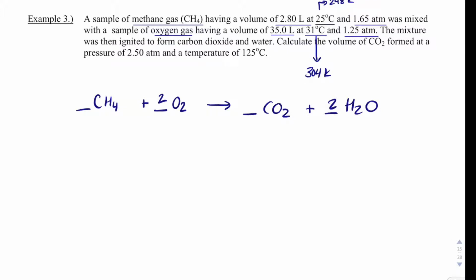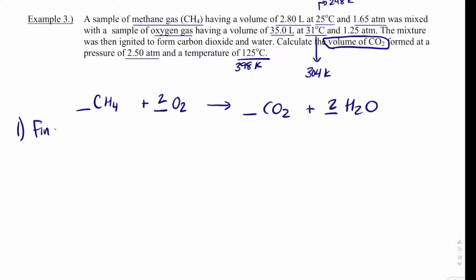And what we want to know is the volume of CO2 that's produced at not STP, but at 2.5 atmospheres and a temperature of 125 degrees Celsius, which is 398 Kelvin. So here's what I see: I'm given a value of CH4 and a value of O2, and then I need to convert one of those to CO2. Since I don't know which one to convert, this is a limiting reagent problem.